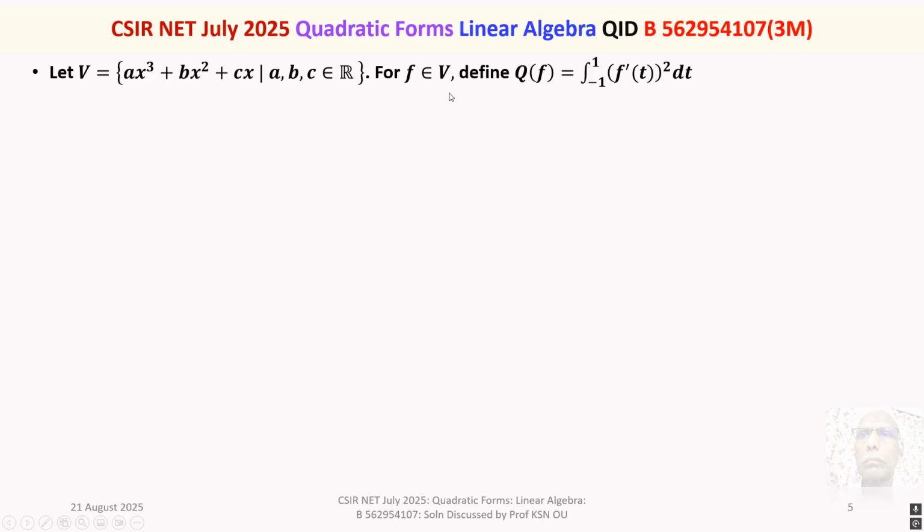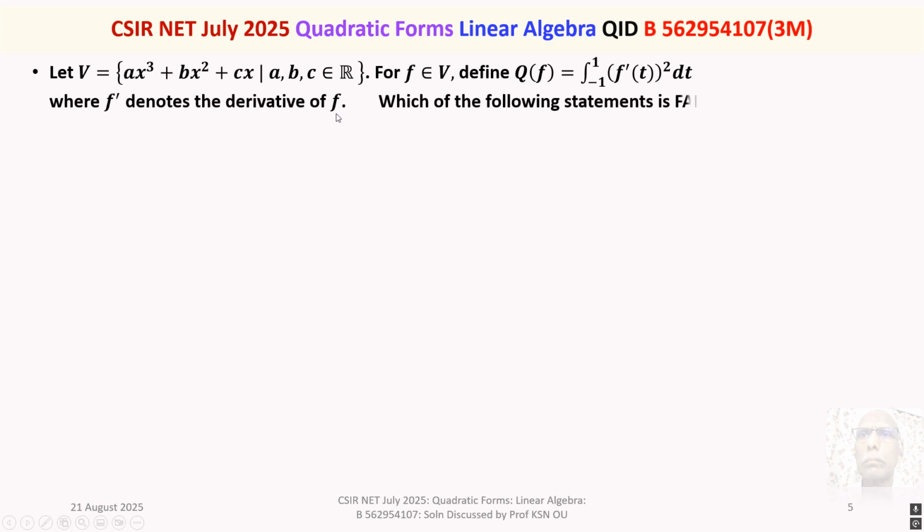For f belongs to V, we define Q of f is equal to integral -1 to +1 f prime t whole square dt, where f prime denotes the derivative of f. Which of the following statements is false? Note down, we have to find out the false statement.